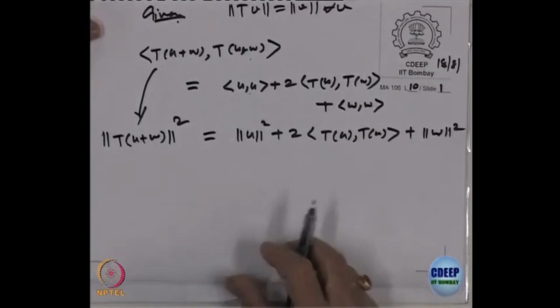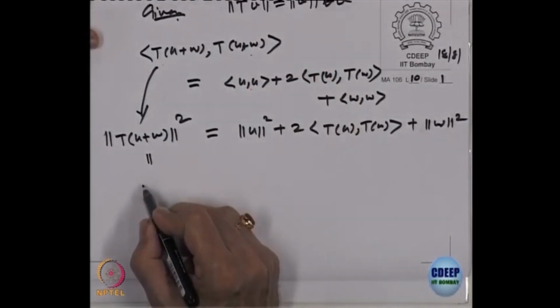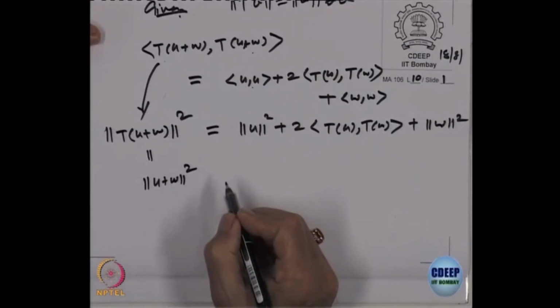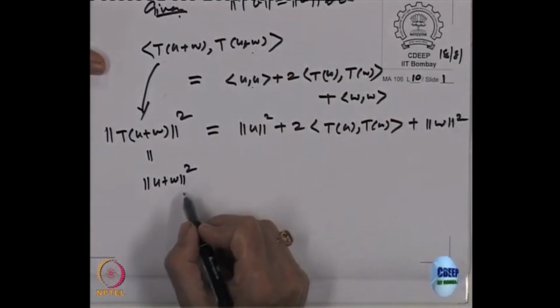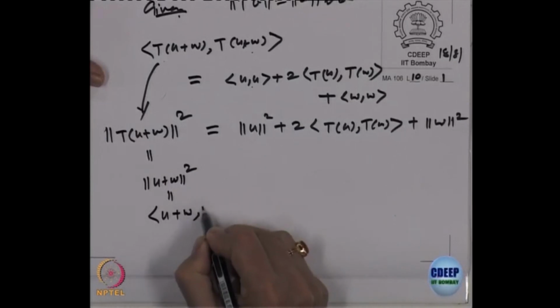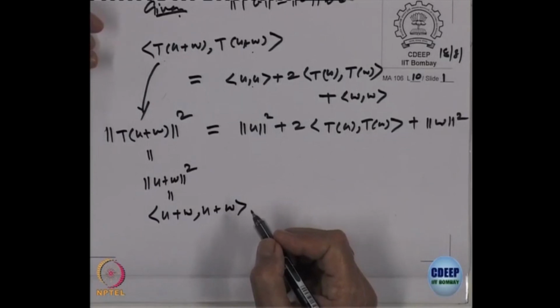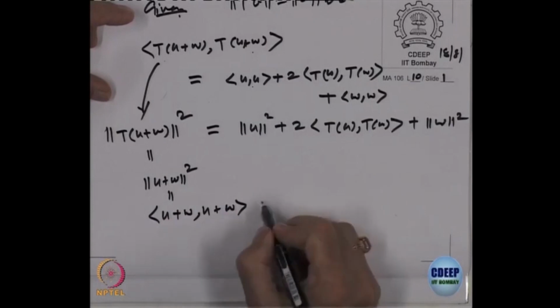So, what is this equal to? By the given property, that is norm of u plus w square, right, again by the given property. So, what is that equal to? I can write as u plus w, u plus w, right, is it okay? Norm square. So, what is that equal to?